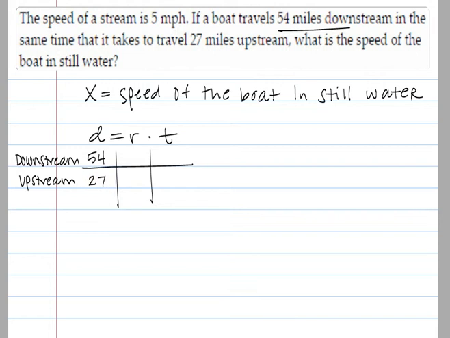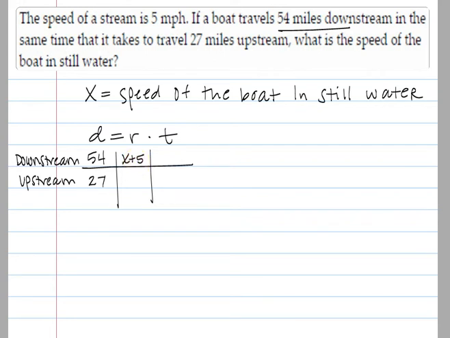Now for the rate, when a boat's going downstream, it's going with the current. And so it's as if the boat is going the speed that it would in still water, but it's being helped along by the current. In this case, we're being told that the speed of the stream is 5 miles an hour. So we can represent the rate of the boat going downstream with the expression x plus 5.